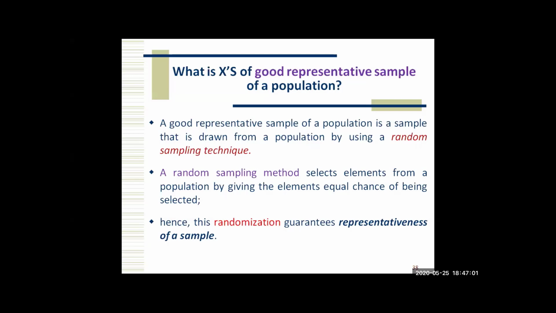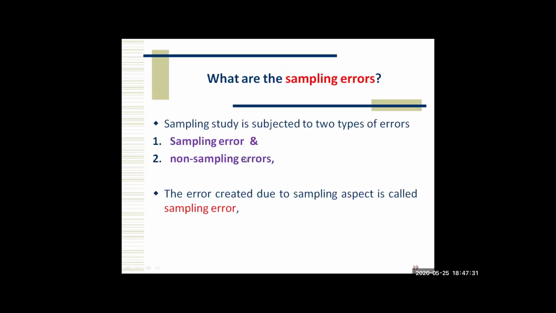If the researcher applies any combination of these random sampling techniques, it is by far a method that gives good representativeness, and it will help you guarantee a representative sample. To what extent the selected sample will be representative of the population depends on properly applying random sampling techniques, and that is just one method.